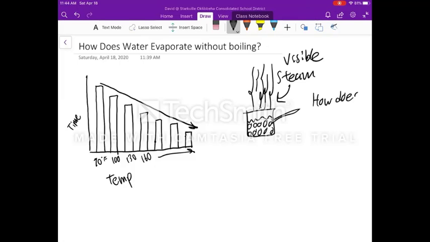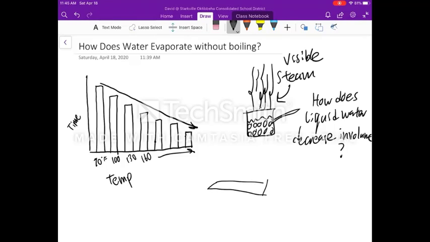How does liquid water decrease in volume? Does water just mysteriously disappear from a beaker, or do puddles just mysteriously disappear on the sidewalk?